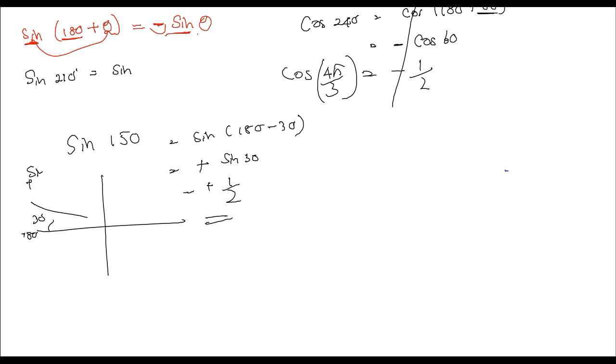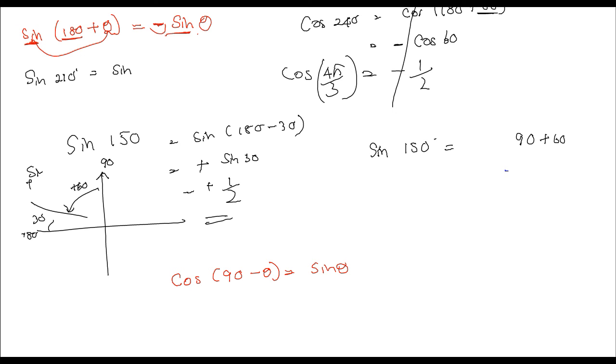Now you can do the same by associating this with 90 degrees. So 150 is 90 plus 60, right? Now remember the rule: cos(90 minus theta) is sine theta.